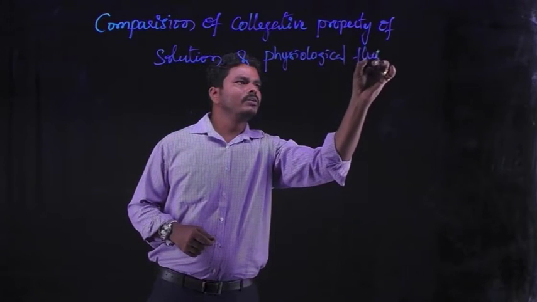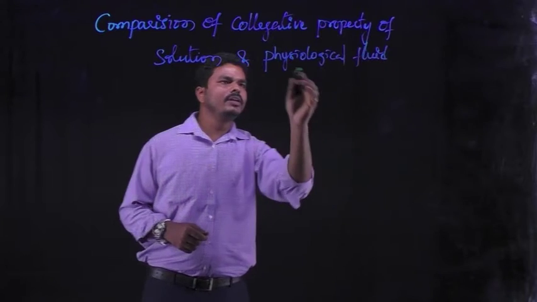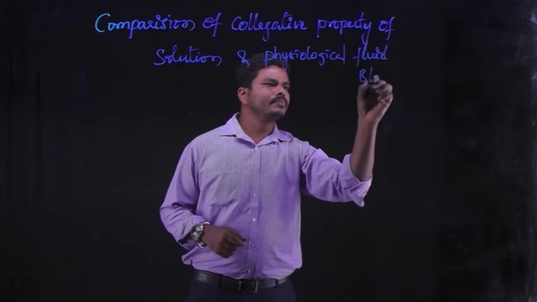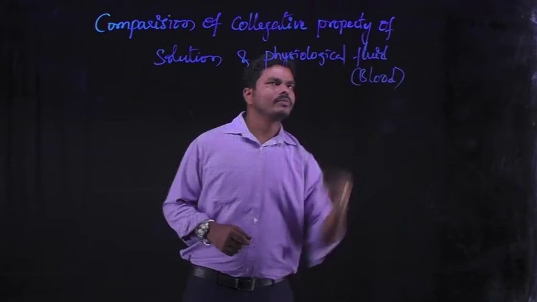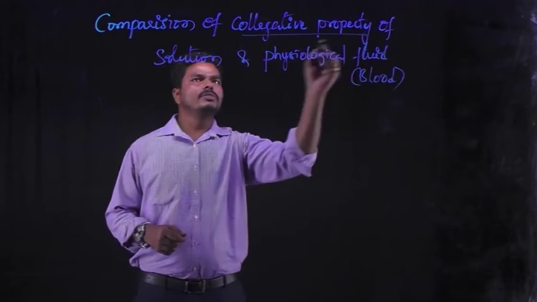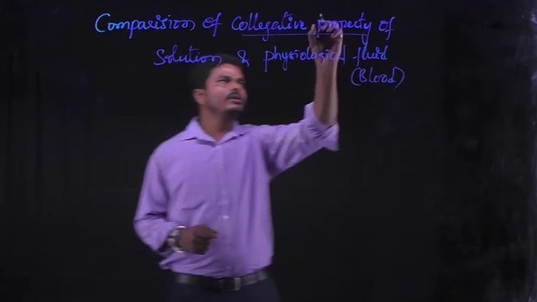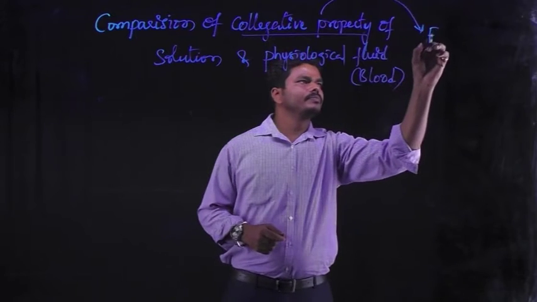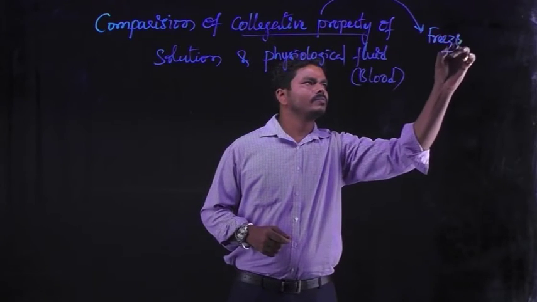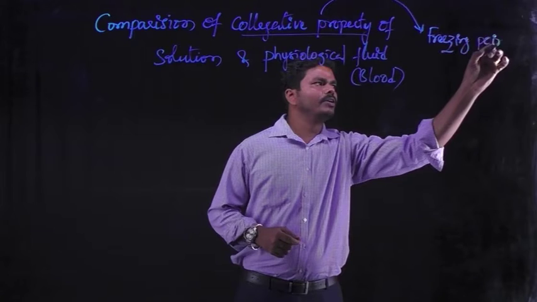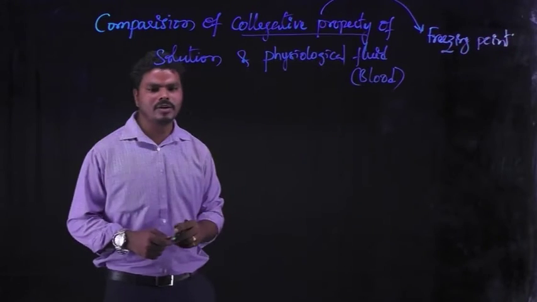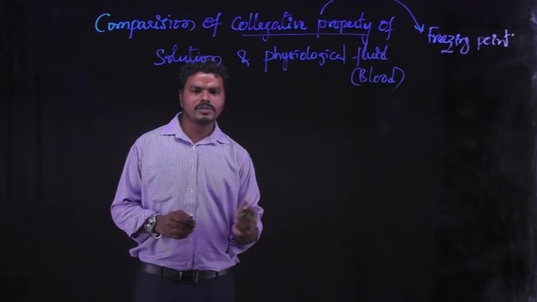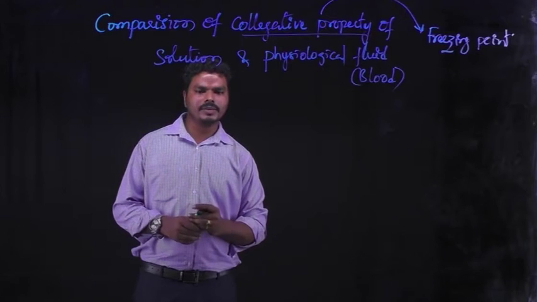So the commonly used physiological fluid here is blood. The colligative property which is compared in this method is the freezing point. Already I said that the freezing point is the point at which the solution is subjected to freezing. Okay.